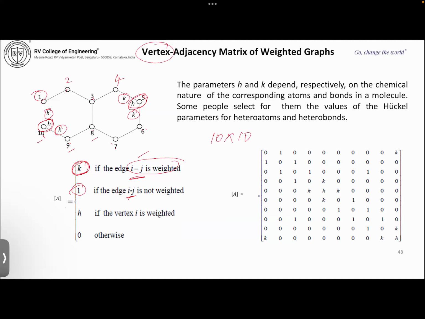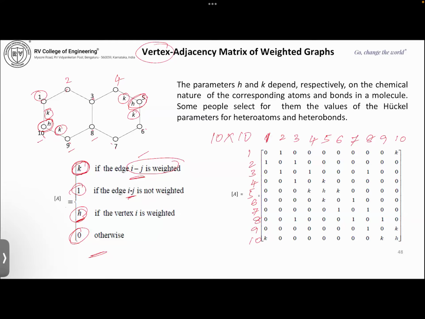And the vertex which is weighted is represented as H, not as 1. Otherwise 0. So these are the cases. For example, let me define the vertices 1, 2, 3, 4, 5, 6, 7, 8, 9, and 10.